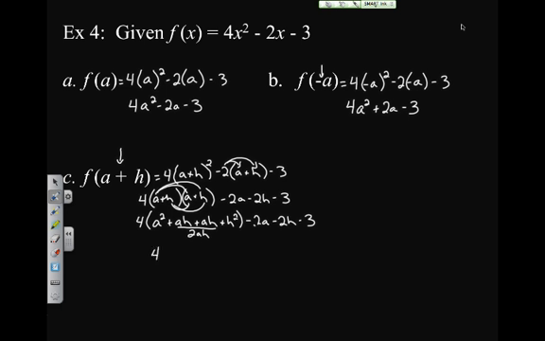You get 4a squared plus 8ah plus 4h squared minus 2a minus 2h minus 3. And that gives us our answer for that one. So that one takes a little bit longer, just because you have to square that binomial, and that takes a little bit more time to do.